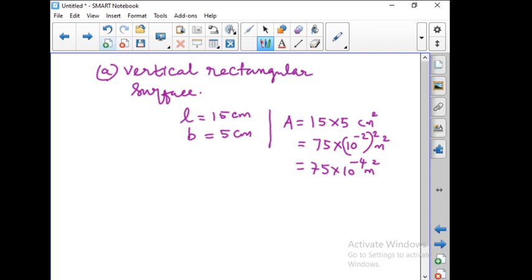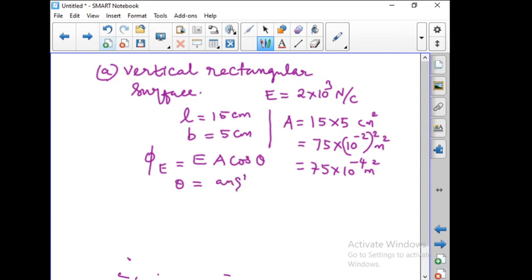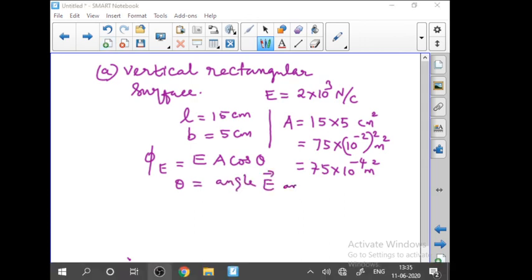Flux is calculated by the expression phi is equal to EA cos theta, where area is found as 75 into 10 power minus 4 meter square, and E value is given in the problem as 2 into 10 power 3 Newton per coulomb. And here we have to find out what is theta. Theta is the angle between E vector and area vector.